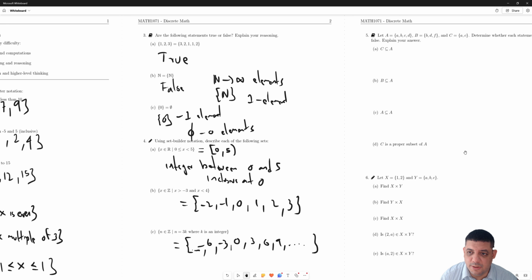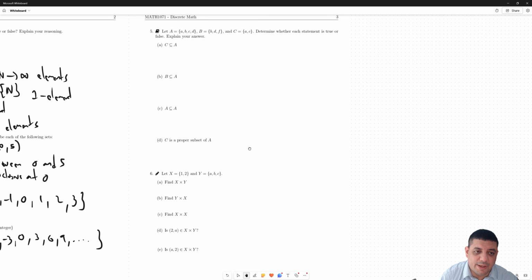Now, question number 5. We have sets A, B, and C. The set A is a, b, c, d, the set B is the set formed by the elements b, d, and f, and the set C is a and c. And we want to determine if these statements are true or false. First, C is a subset of A, and that is actually true.